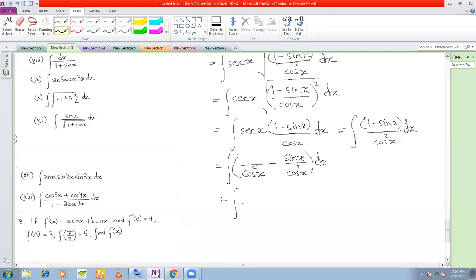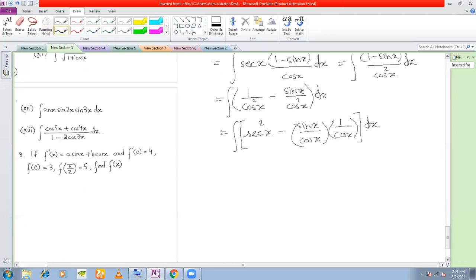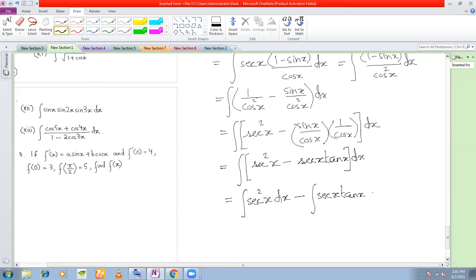That means now 1 by cos square can be written as sec square x minus sin x by cos x into 1 by cos x dx, which is equal to integral sec square x minus sec x tan x dx, which is integral sec square x dx minus integral sec x tan x dx.